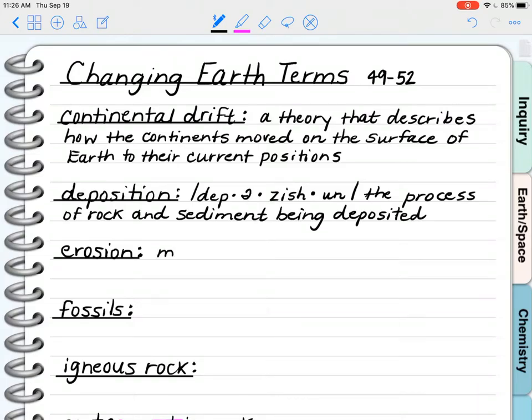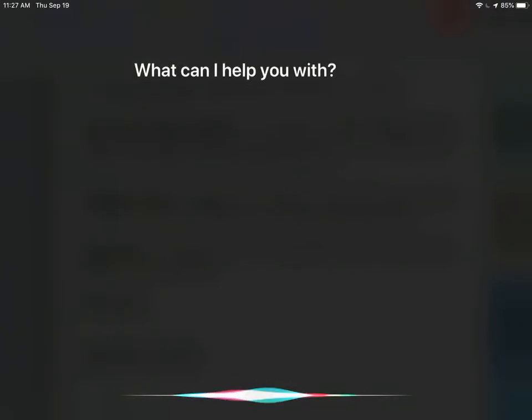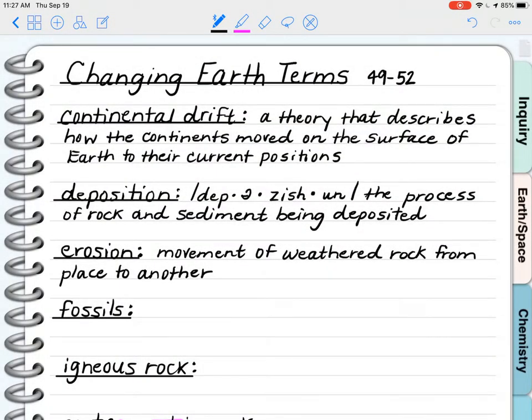Erosion is also movement of weathered rock from one place to another. And to illustrate this to you, I want you to close your eyes and imagine a mountain of rock.